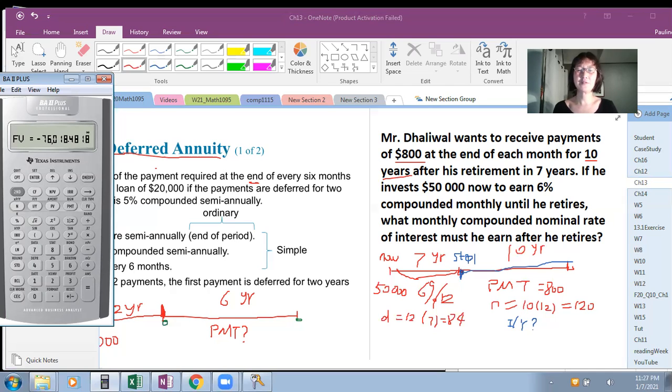And this future value serves as the present value for the annuity here. So just press PV. This is PV.